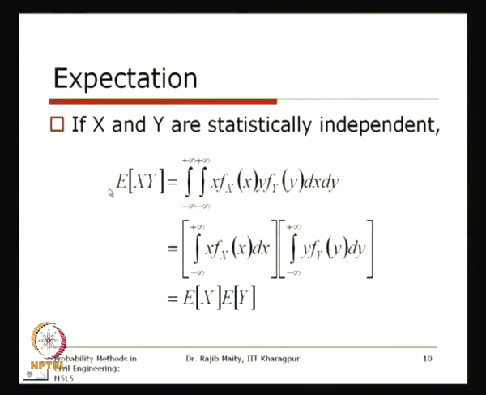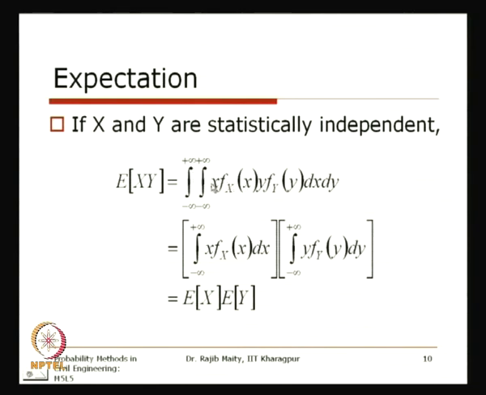In such cases, this joint moment, that is, the expectation of XY, can be shown to be equal to the multiplication of their individual means, that is, the expectation of X multiplied by the expectation of Y. Before I write this, there are some steps.